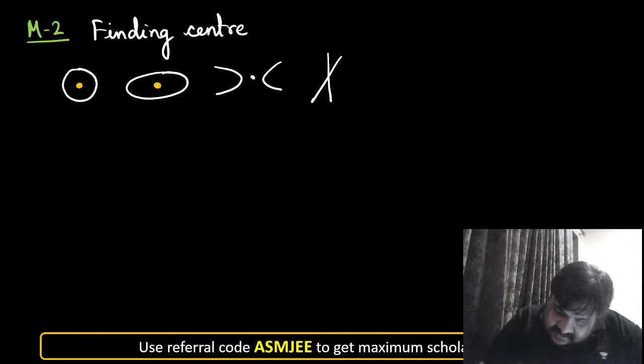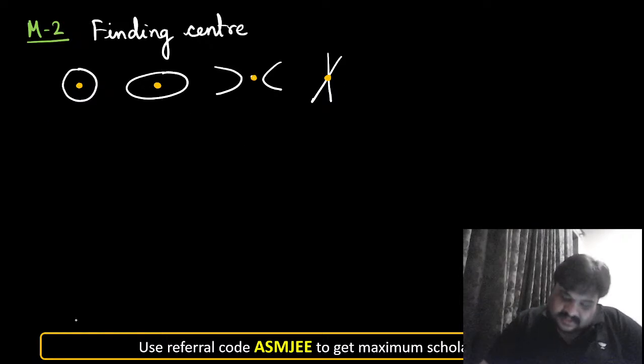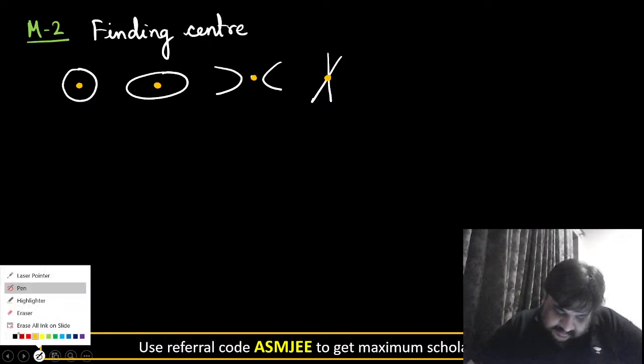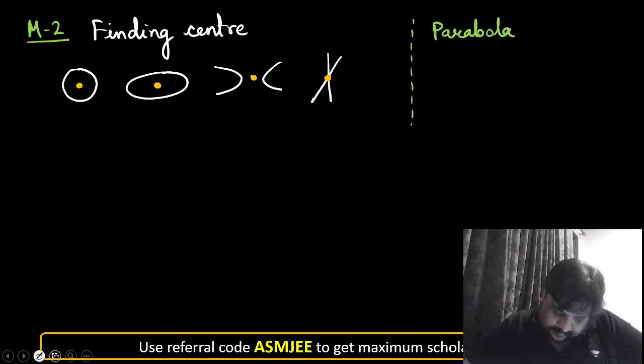They all have a center. How is center defined? We'll talk about that in conics, not right now. Parabola does not have a center. You can say parabola is crying in the corner. No center.